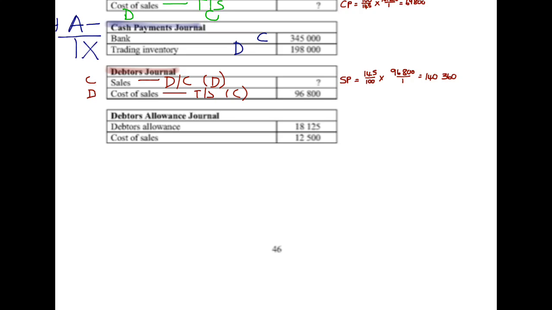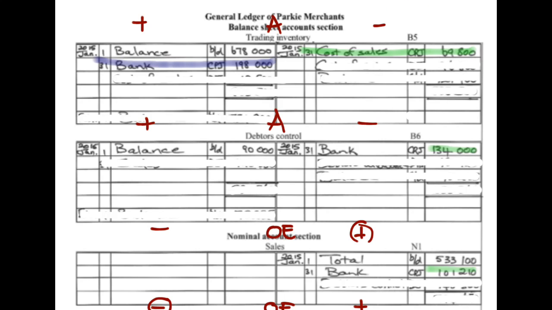So let's go and take that to our accounts. Firstly, we are increasing our debtors control account through sales, 140,360. So this debit tells me that it's supposed to go to sales on the credit side. So I take it to sales on the credit side.